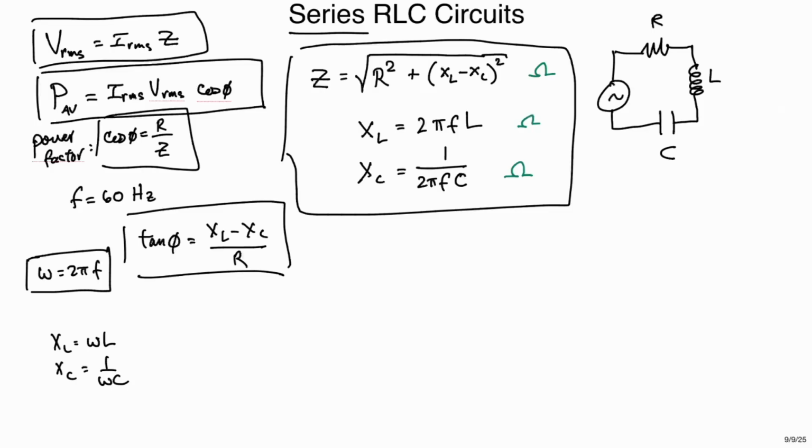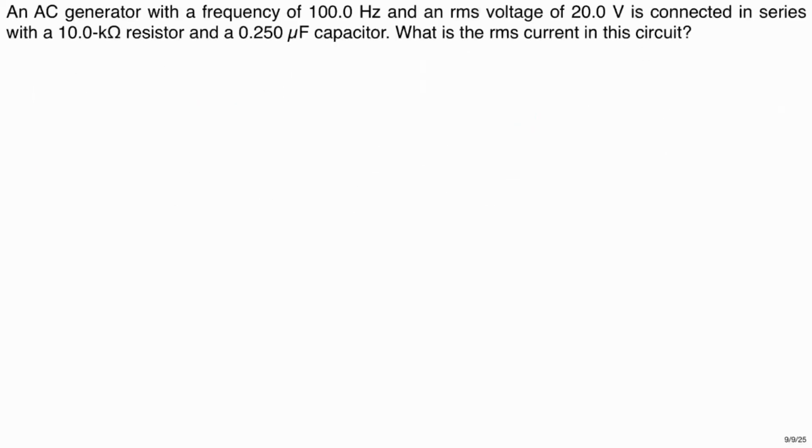So we work in RMS. We treat the impedance as the equivalent resistance of the circuit. We're going to use the impedance calculation to find the equivalent resistance, and with that, we can figure out everything there is to know about the circuit. I'm about to do 3 or 4 examples of working through different situations, applying this toolbox right here. So let's start with this problem right here.